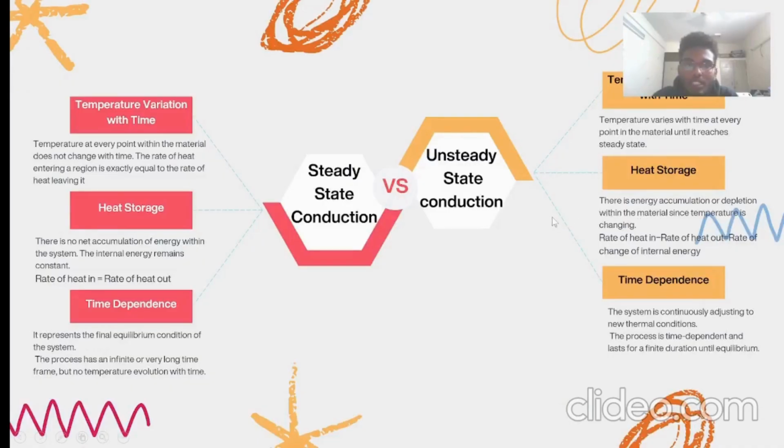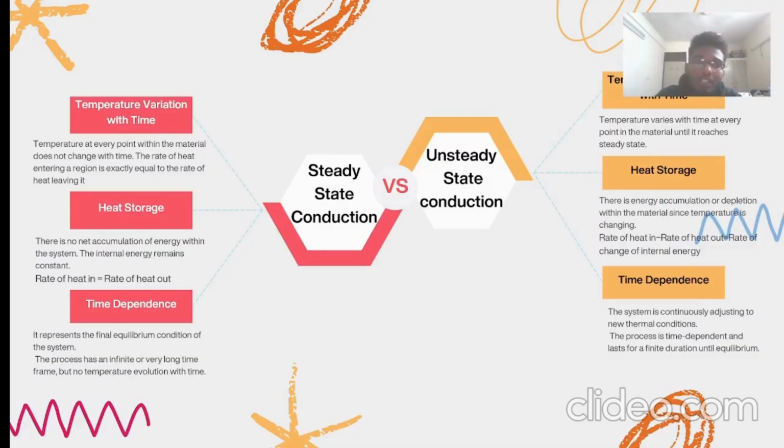Now there are steady state conduction and unsteady state conduction. In steady state conduction, after we start heating the object, the temperature rises at a particular location, the object at that part absorbs some heat and releases some heat to other parts, and in this case the temperature rises with time, and after a particular time equilibrium is reached. So steady state is reached.